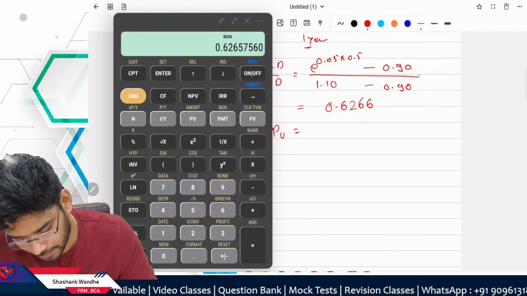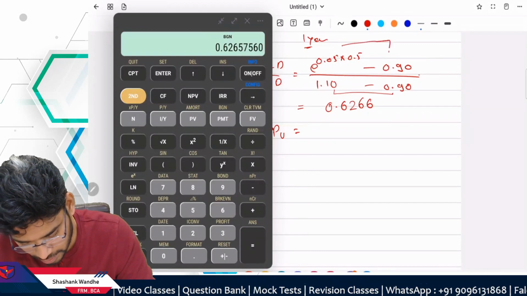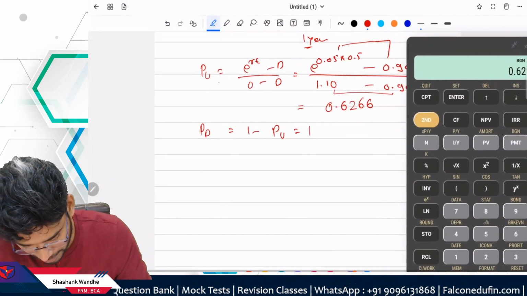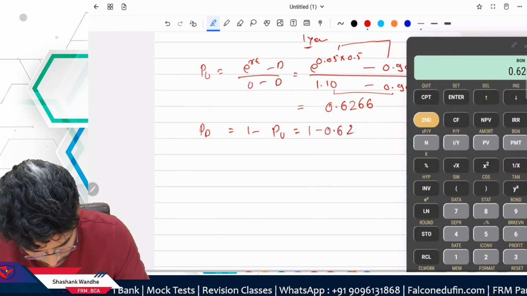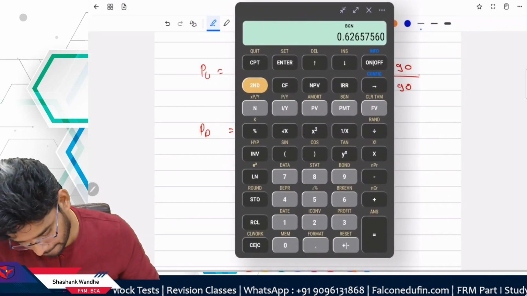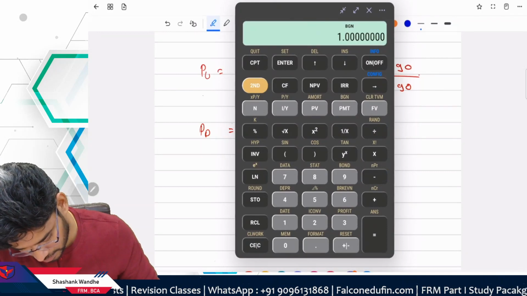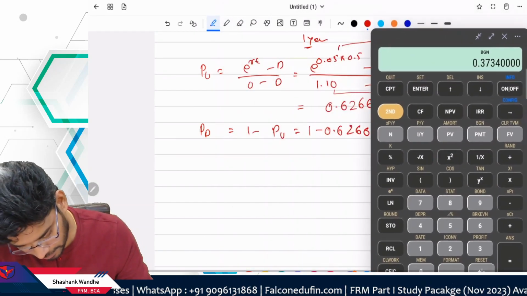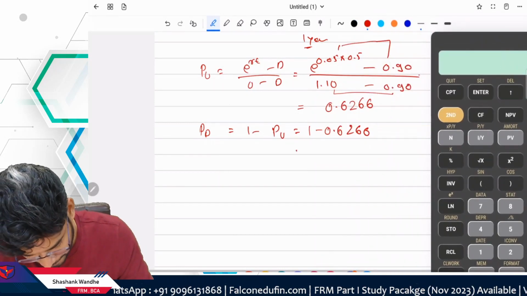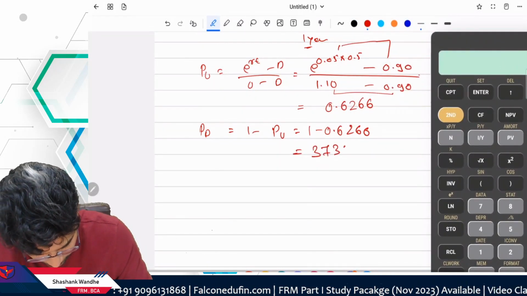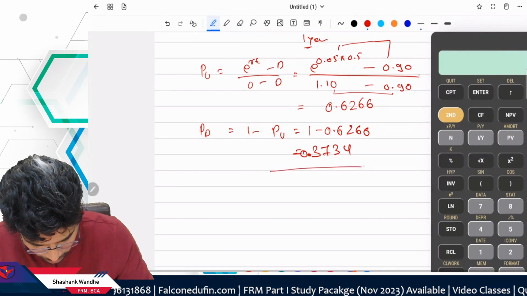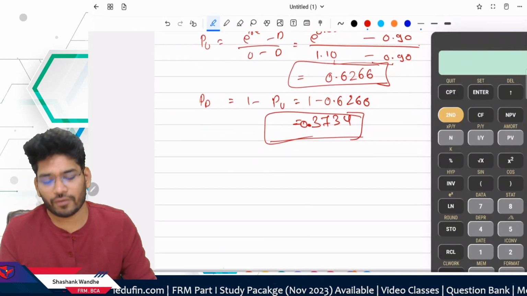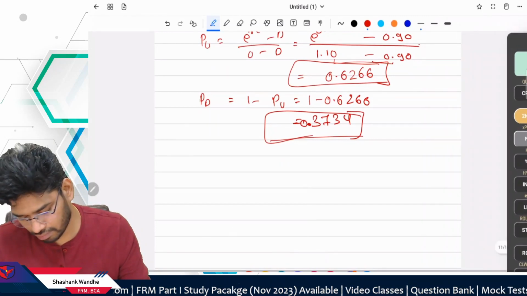So what we did? Difference divided by difference. And then 1 minus 0.6266, which is 0.3734. Okay, so this is our PU, this is our PD.